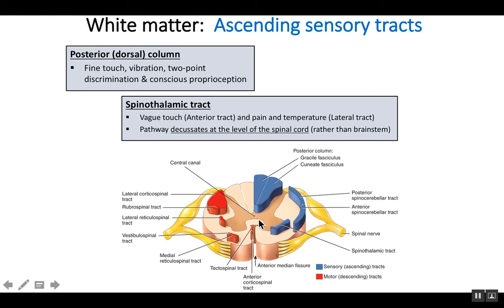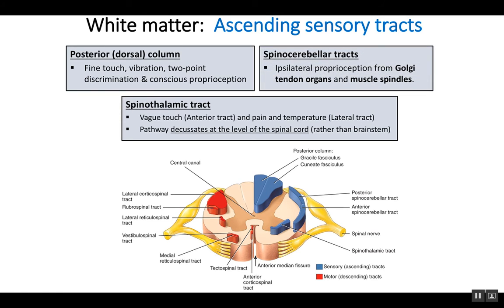It decussates across to this spinothalamic tract on the opposite side of the spinal cord, so this would be the left side, and then it transmits up to the left side of the brain for interpretation. So that's the spinothalamic tract.